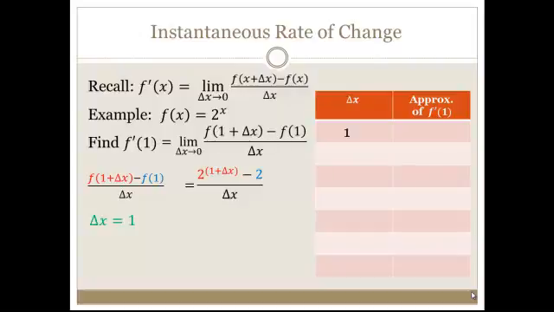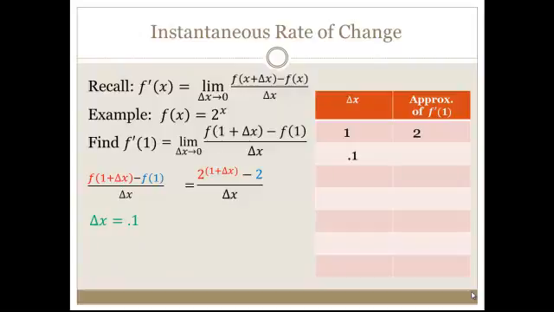Now let's find an approximation for f prime of 1 when delta x equals 1. Our approximation is 2 to the 1 plus 1 minus 2 all over 1. Computing this, we simply get 2. So our first approximation of f prime of 1 is that it is 2.